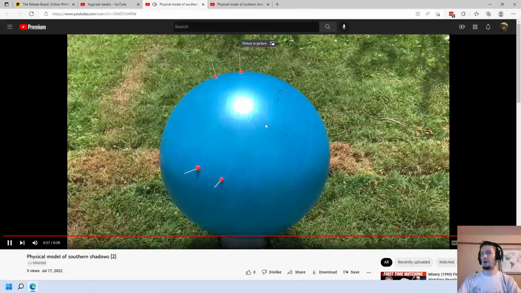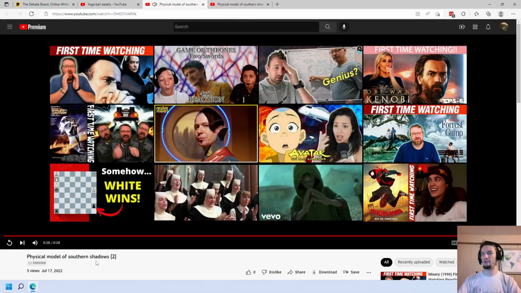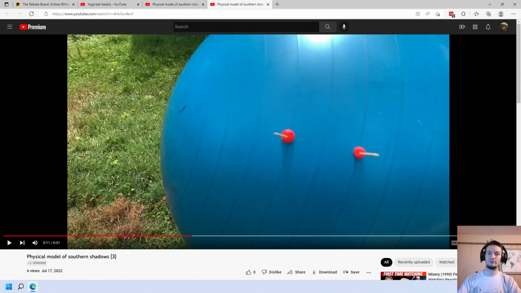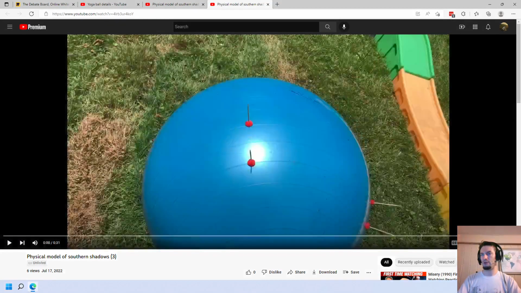So this first model, physical model of Southern Shadows 2, that video represents the Earth on or very, very close to the summer solstice. This next video, physical model of Southern Shadows 3, represents some time before or after the summer solstice.